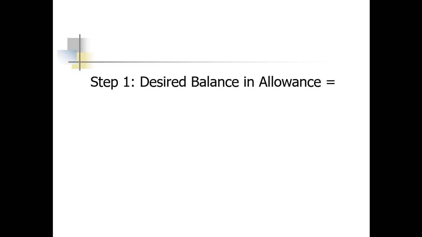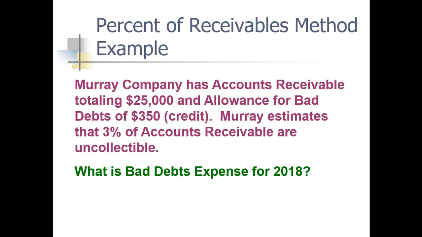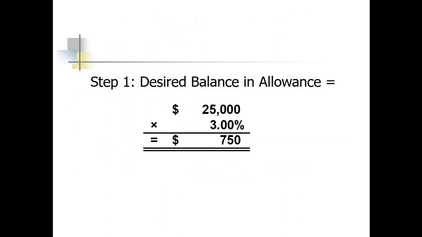If I go back to my problem info real quick right here, check out that allowance for bad debts account already, and you see that it already has a $350 credit balance. So if it's already got $350 in there, and I'm saying I wanted to have $750 in there, then the amount of the adjusting entry doesn't need to be for $750. It's going to be for less than that because it already has an established balance in that account.